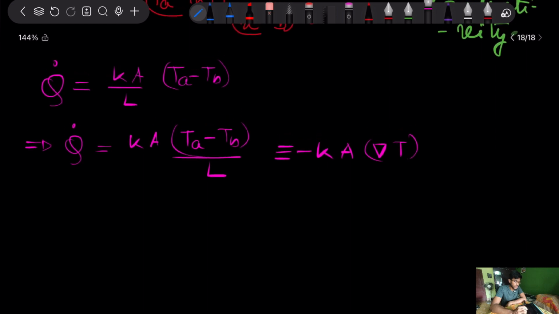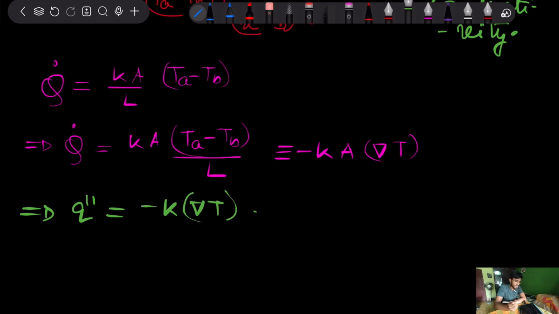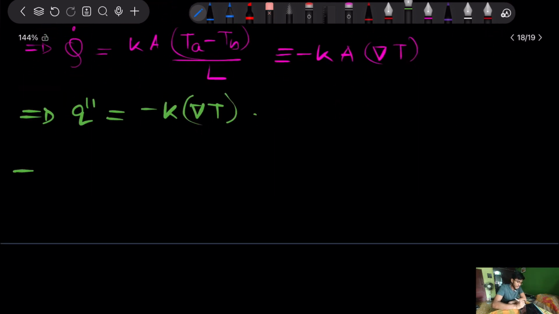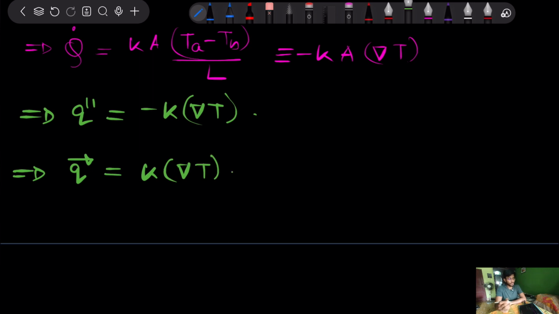I am writing this sign here, that is equivalent, just mind it. Therefore my q double dash in that direction is minus K grad T. So if I write my heat flux vector, it is minus K into my temperature gradient.